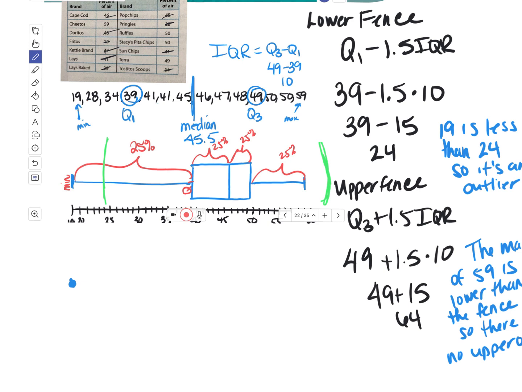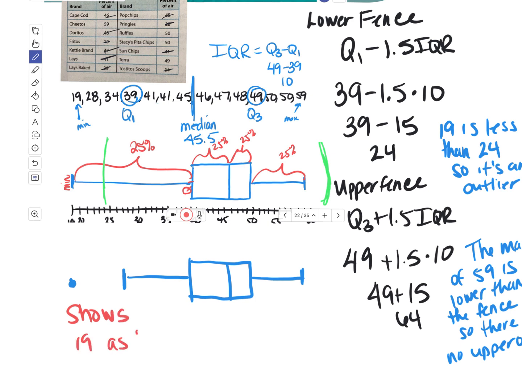So my graph gets pulled into 28, and that becomes the minimum line. And the rest of the graph looks the same. So this shows 19 as the outlier.